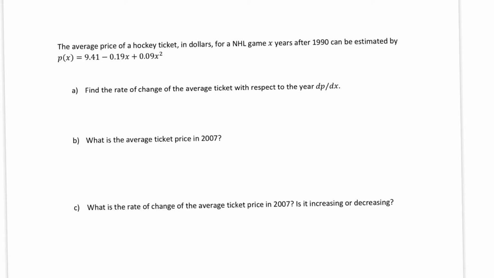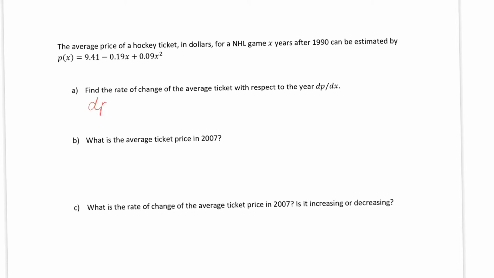Okay, find the rate of change of the average ticket with respect to the year, dp dx. So here's that funny notation again. This is telling you to find the derivative, but note the words it uses to explain what the derivative is: the rate of change of the average ticket. So did the ticket price go up by $1? Did it go up by $4? Okay, so we're just going to take the derivative.